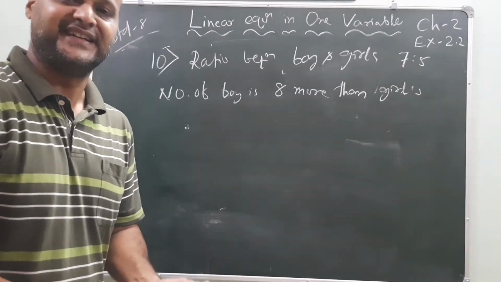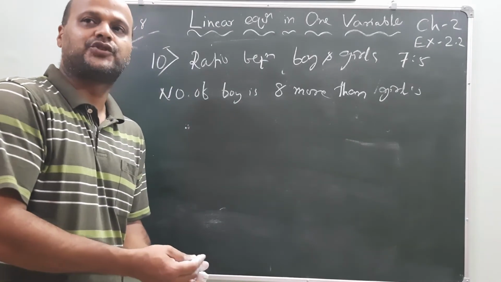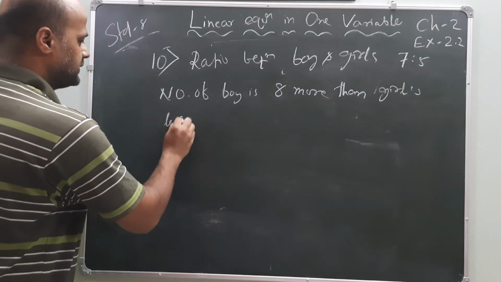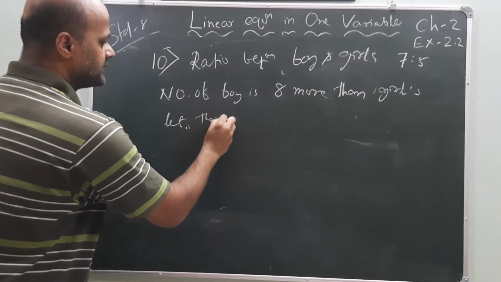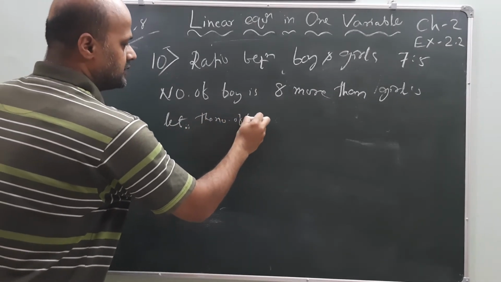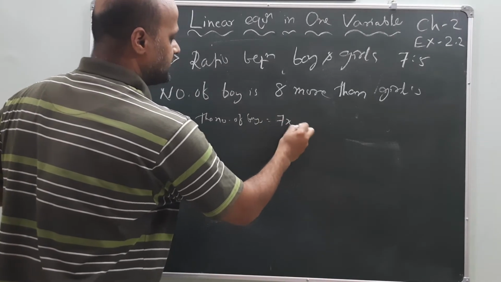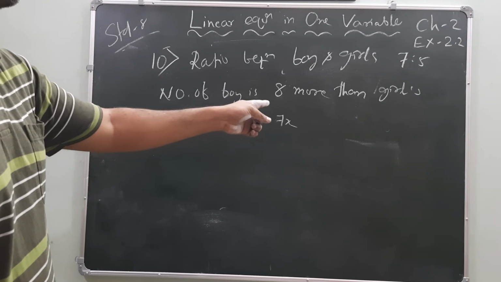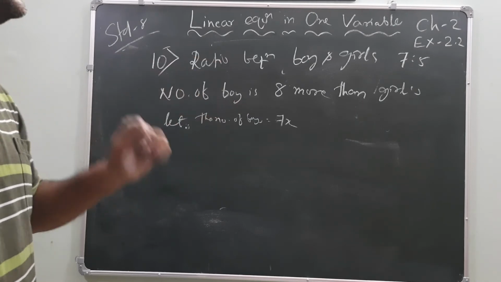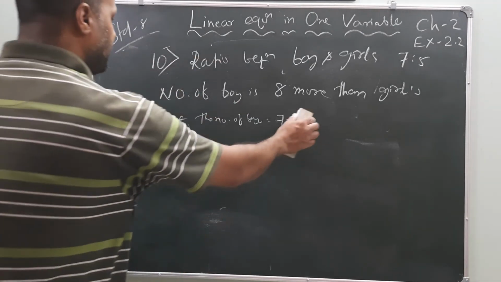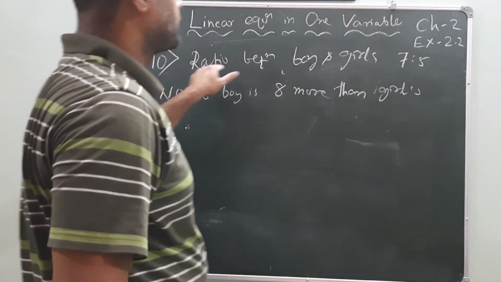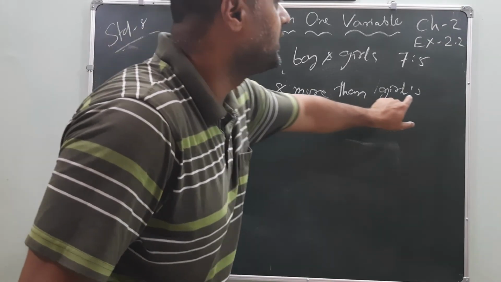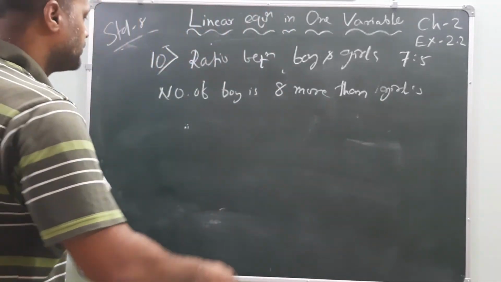Just tell me, it is easier. In the ratio, you have to write it in variable form. Let the number of boys be 7x. Here something you have to be careful about, because in this form it is a ratio. Here it is saying number of boys is 8 more than the girls. So what you have to do?